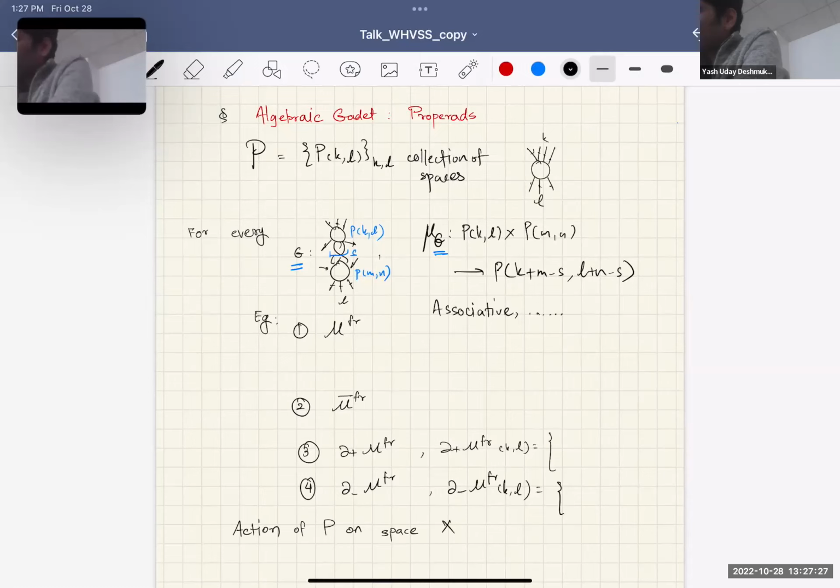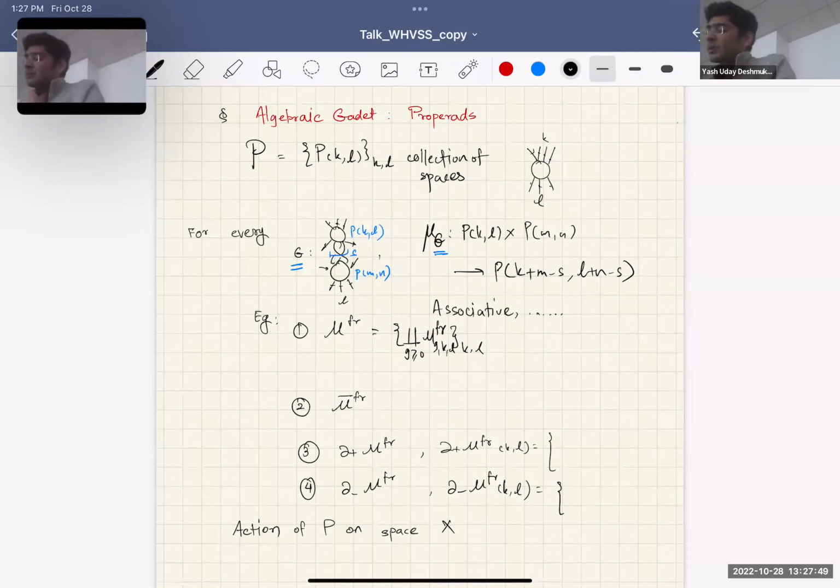Let me point out the properads of framed Riemann surfaces. The space of operations with k inputs and l outputs is given by considering all surfaces with k inputs and l outputs. You just take the disjoint union over genus and put together all surfaces with k inputs and l outputs.